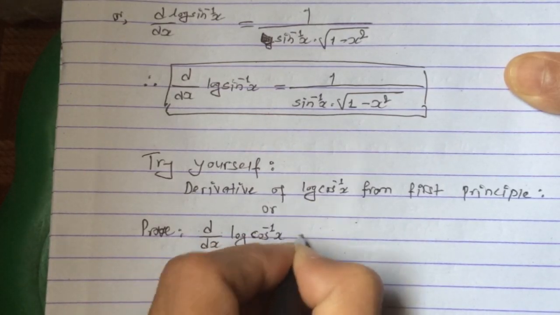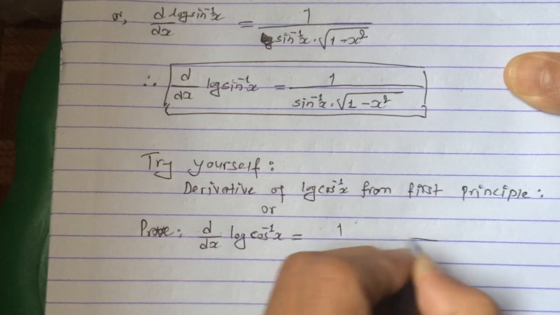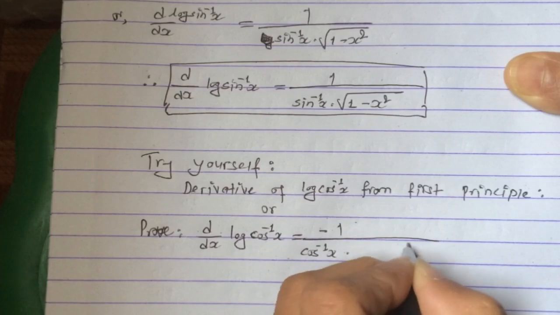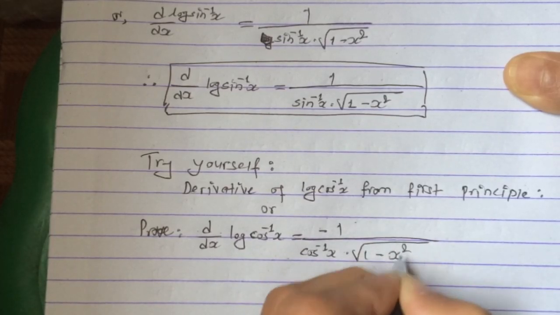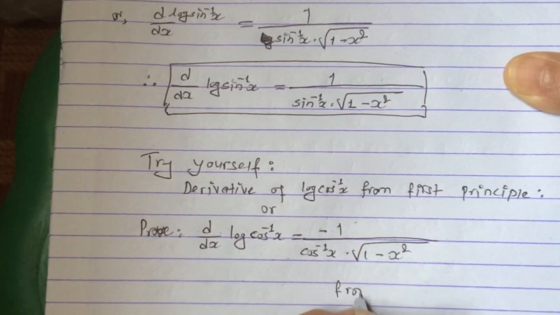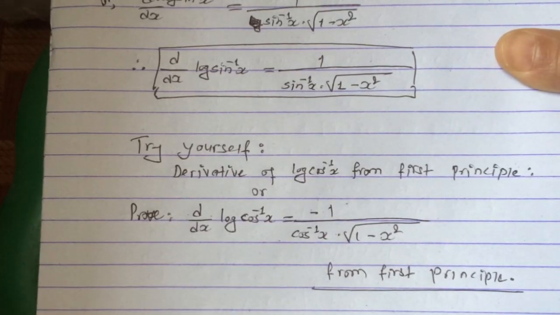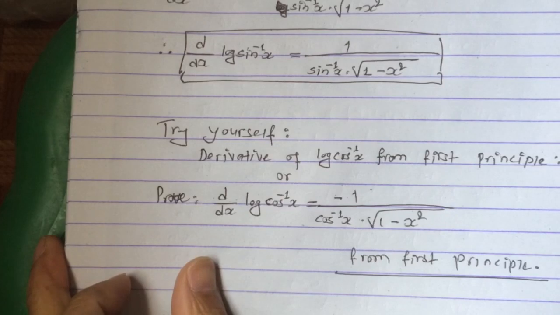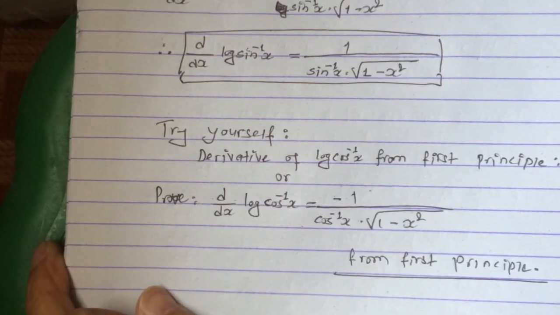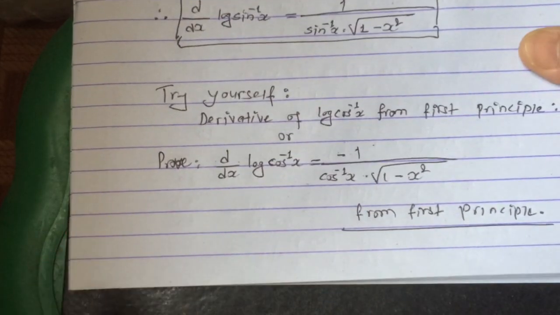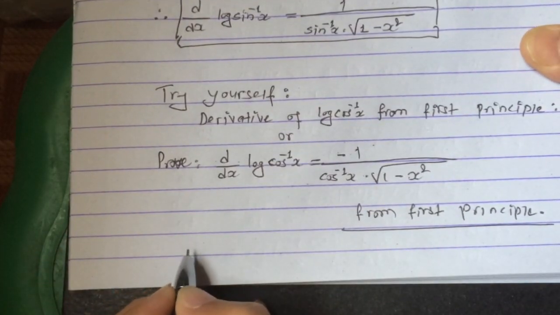It can also be asked this way: prove d by dx log of cos inverse x is equal to minus 1 divided by cos inverse x times root under 1 minus x square from first principle. You have to prove this from the first principle of derivative. I hope you have understood the question here.